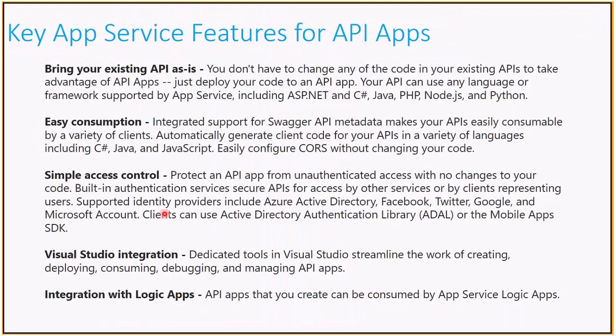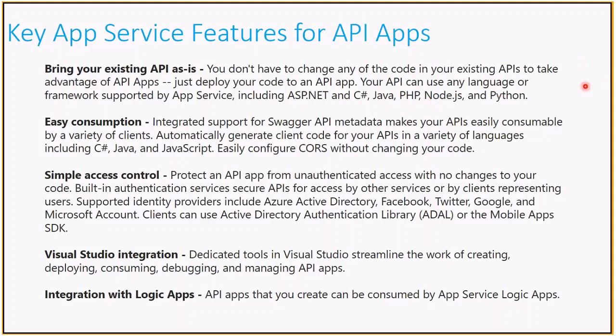You can integrate the API apps with Logic Apps as well, where you can have your different API apps available. If your API app is running, and a certain client or device is making a call to your API app, you can trigger a call from the API app stating that a unique user has come up.